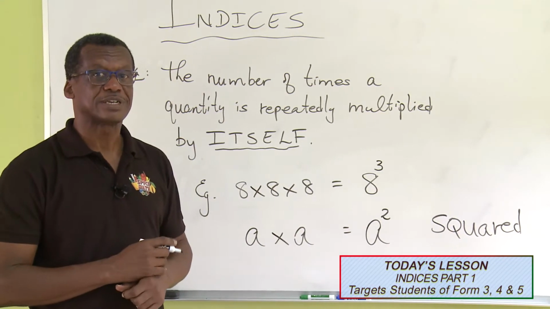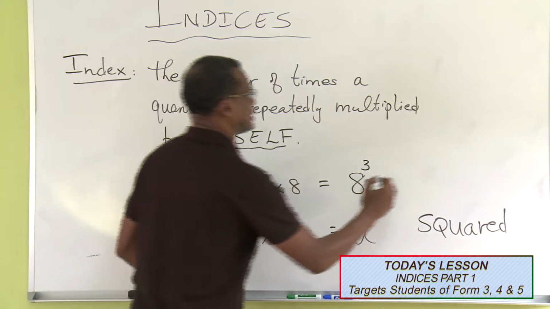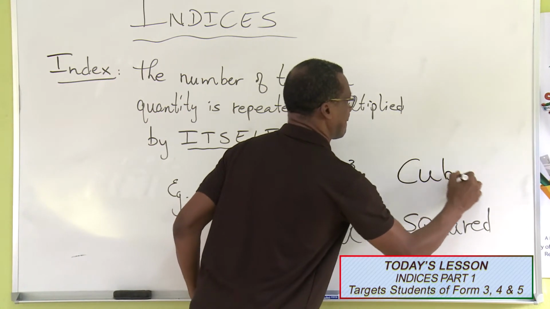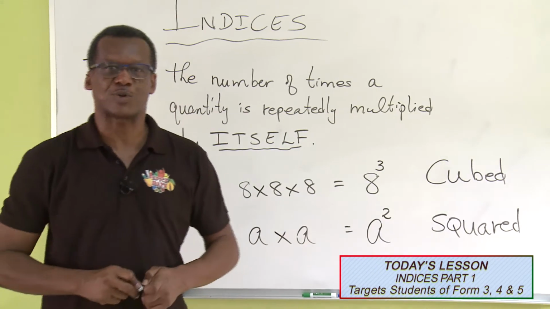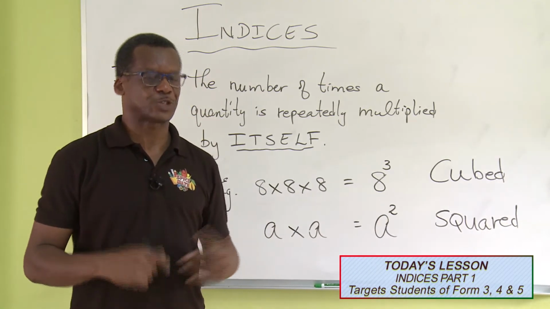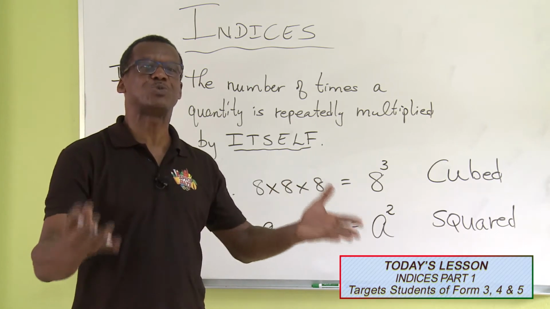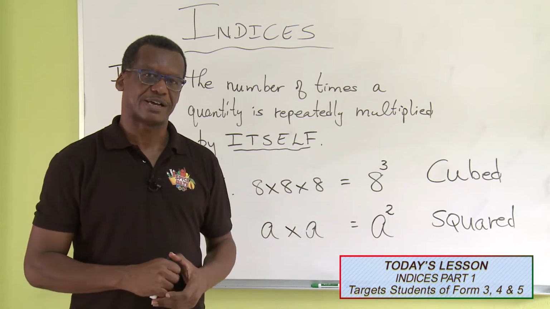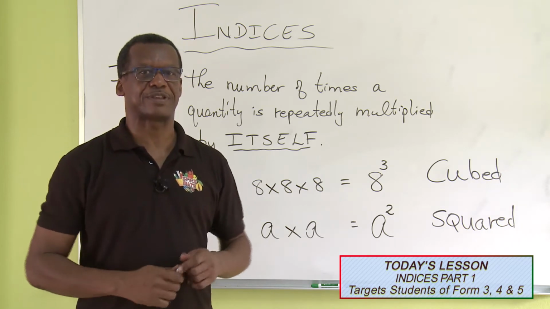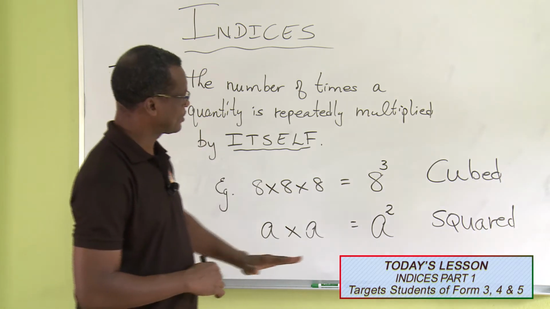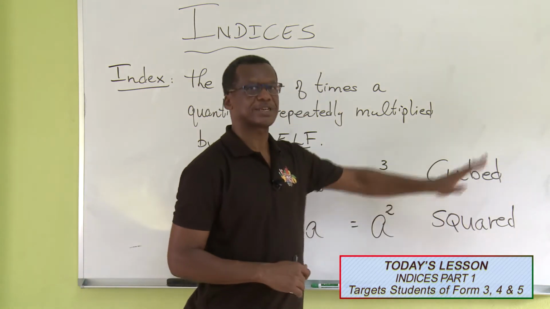It is called cubed. So those two are quite special. Squared quantities and cubed quantities. So far, we're going to leave the names of the others for the time being, and we're going to stick with those that are squared and that are cubed.